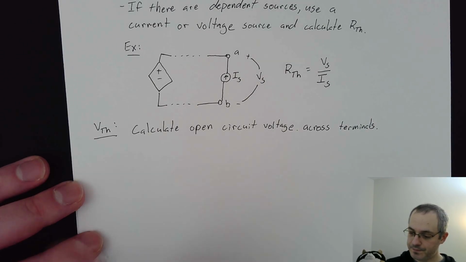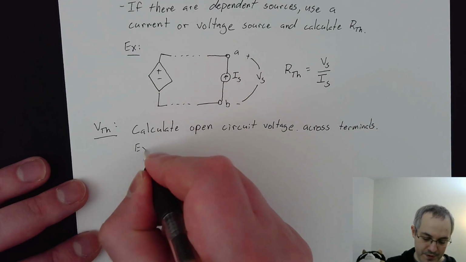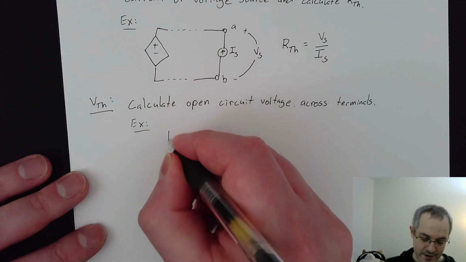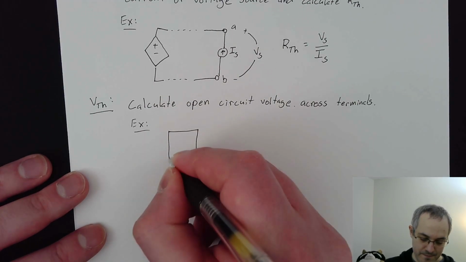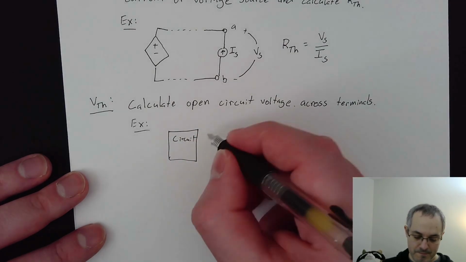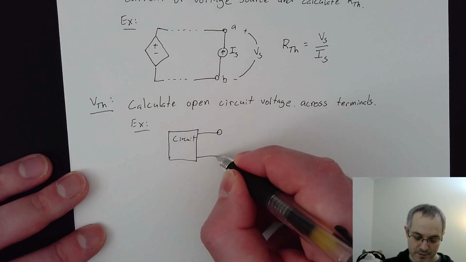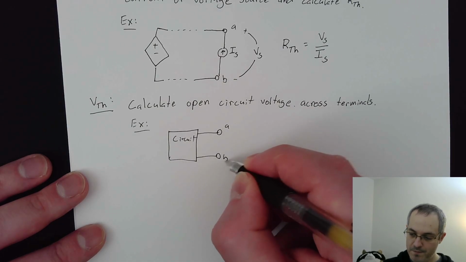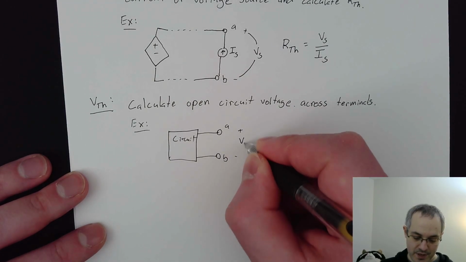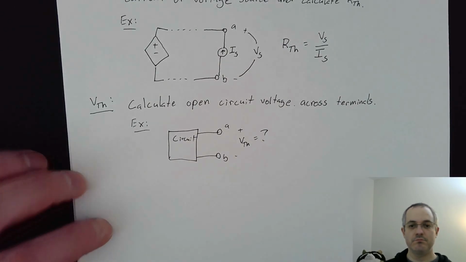All right, example. Not really an example, just showing you what that looks like. Here's our circuit, our mysterious circuit. Here's terminals A and B, and we're going to say plus minus VTH equals what? That's all you're going to do.